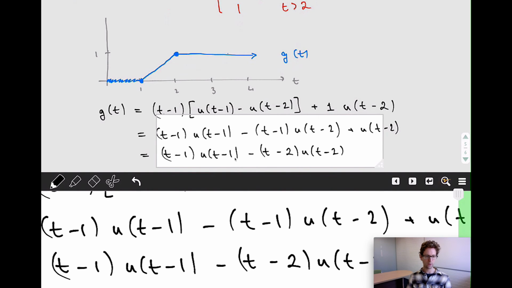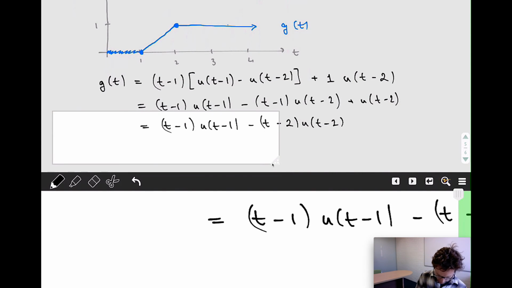And if we look at that expression, you see that t minus 1, u of t minus 1 is a shift and a cut at t equals 1. And t minus 2, u of t minus 2 is a shift and a cut at t equals 2. So this is already in the form that I need to use the second shifting theorem.